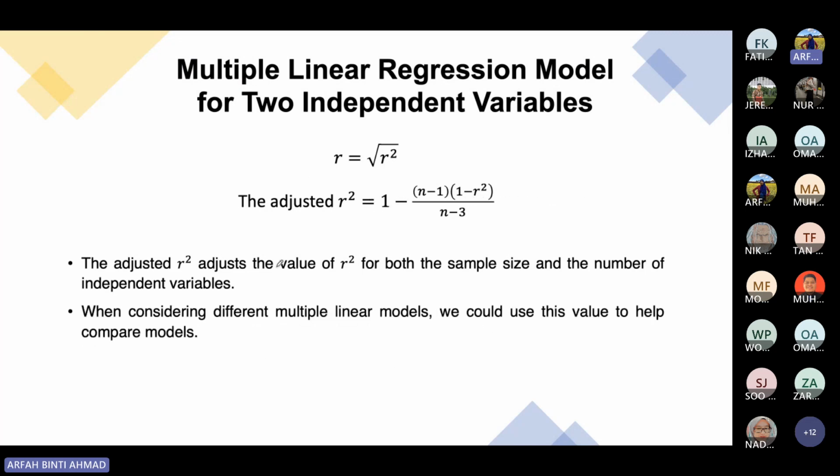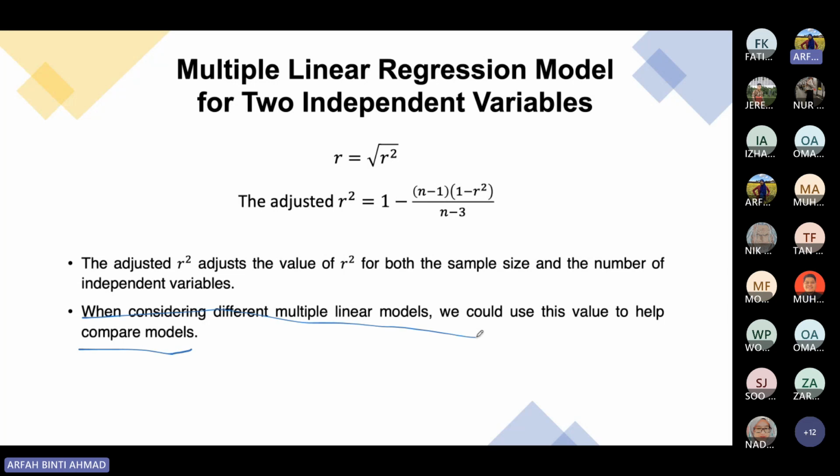Okay, when considering different multiple linear models, we could use this value to compare the models, meaning that if you have a number of independent variables, let's say you have x1, x2 up until xn, and we want to find which will be the combination that best fits the model. Let's say you have multiple linear regression model 1, model 2, model 3 up until model 10, for example. So we want to choose which model is the best that fits the data.